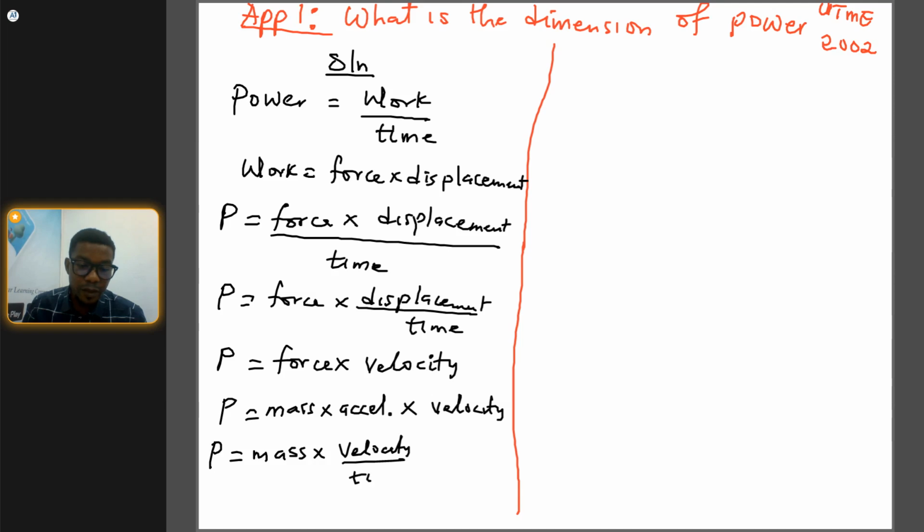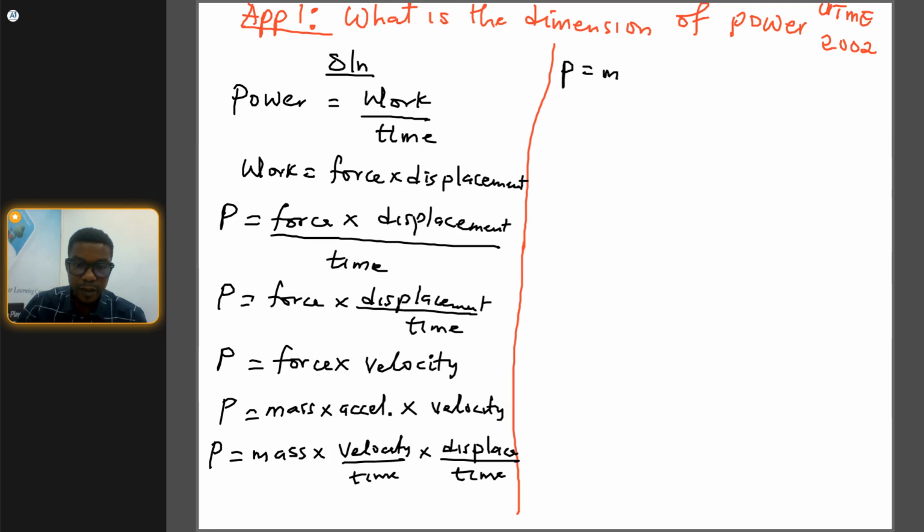Multiplied by, what is velocity? Velocity is displacement over time, right? So we have displacement over time. And we'll proceed.